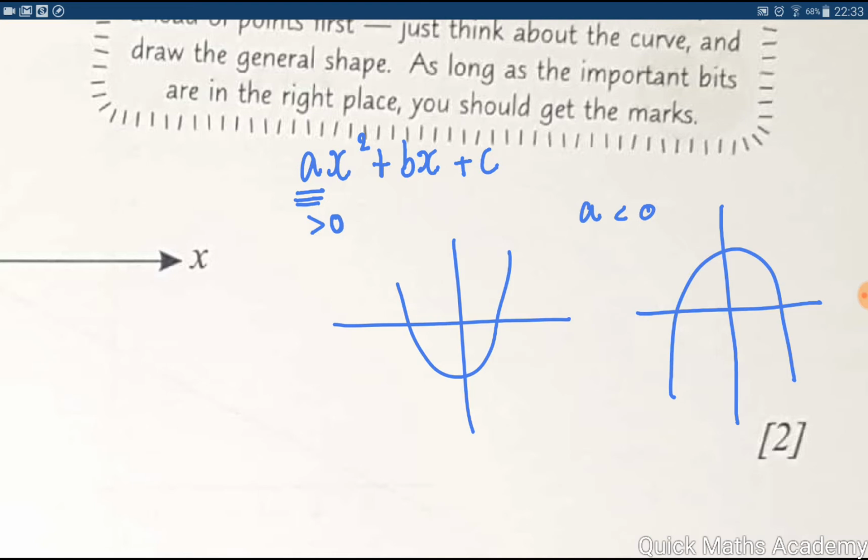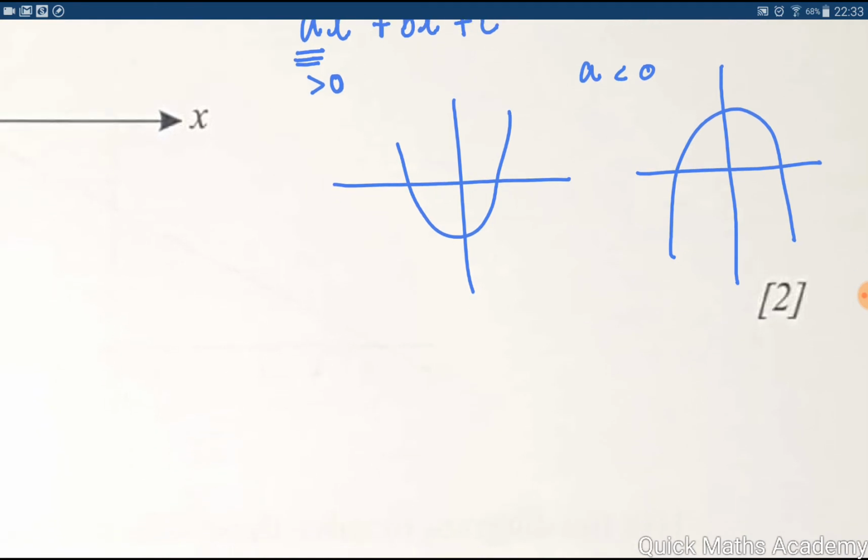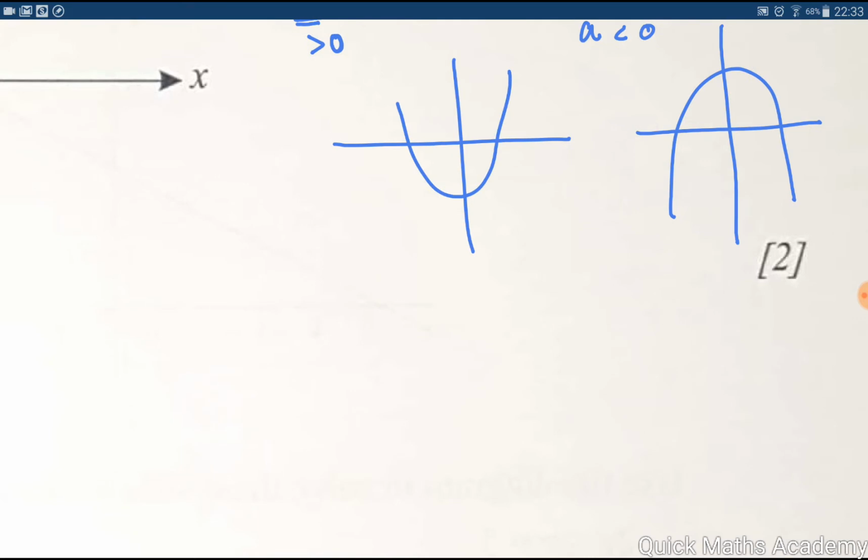Now, a parabola that is facing up doesn't need to be crossing the x and the y axes. You can have your xy axis like this, and the parabola can be only like this, with only one zero, only touching the x in one point.